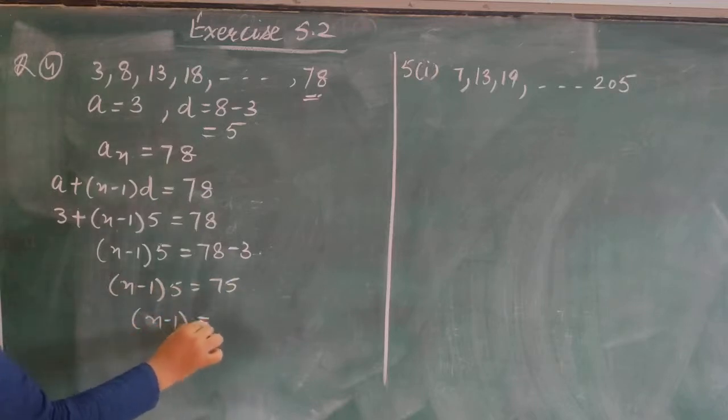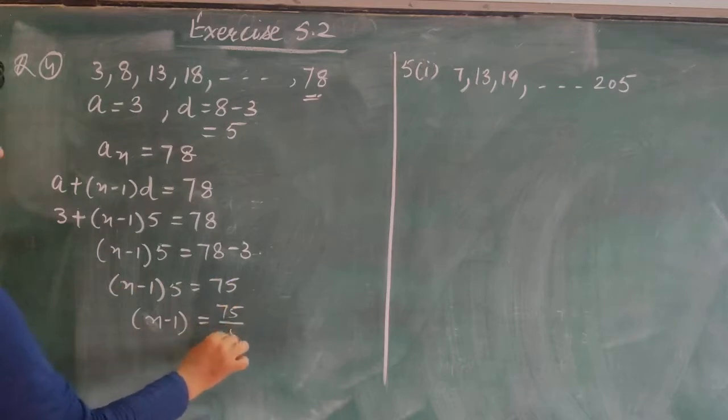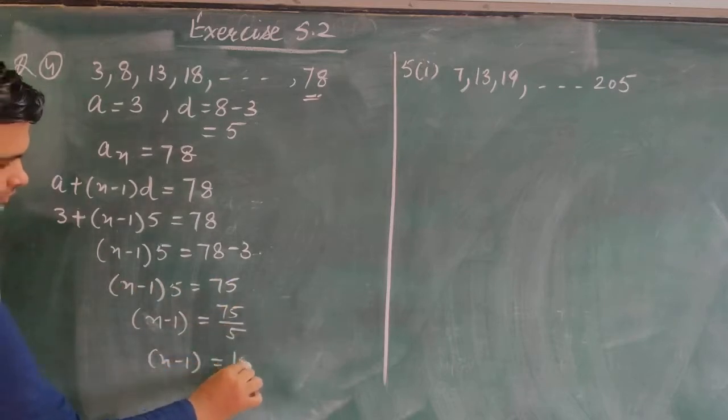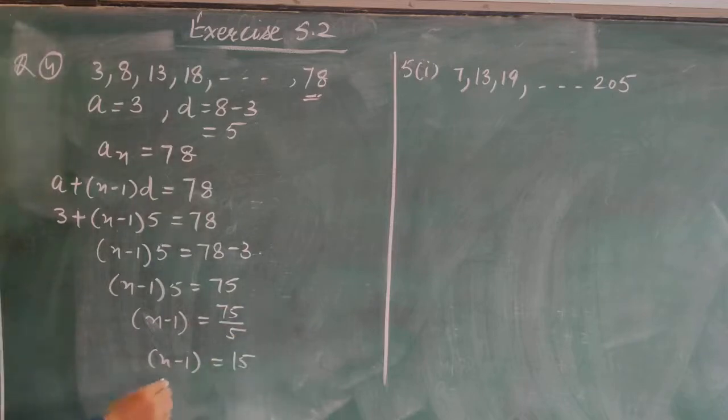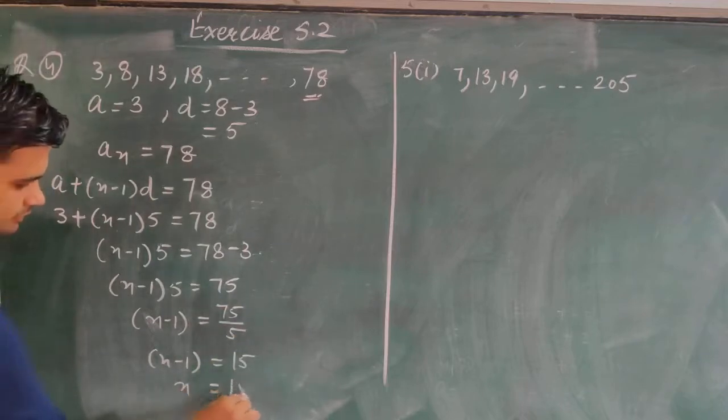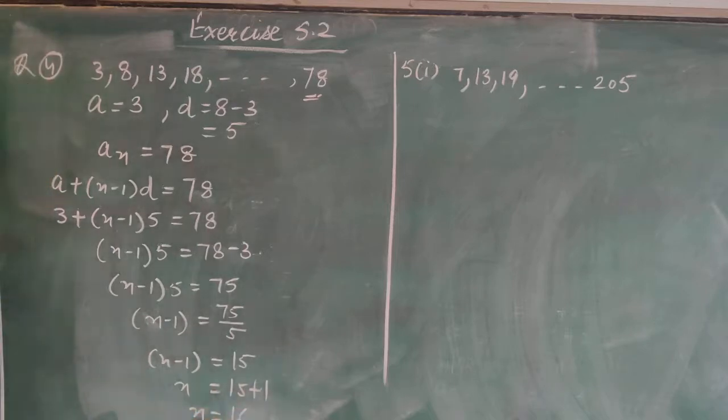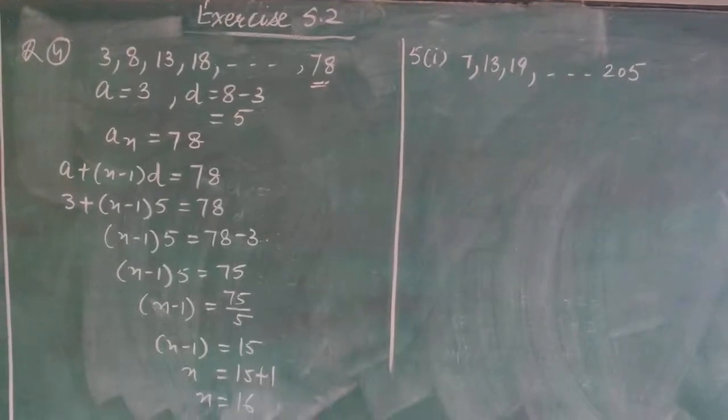N minus 1 is equal to 75 by 5. N minus 1 is equal to 15. And n is equal to 15 plus 1. It is equal to 16. So the term 78 will lie at the 16th place of this AP.